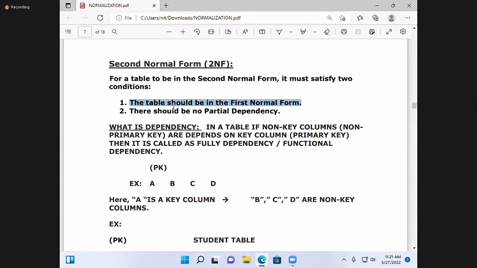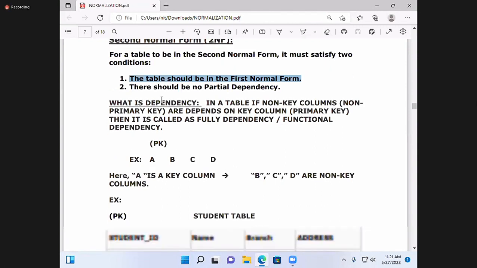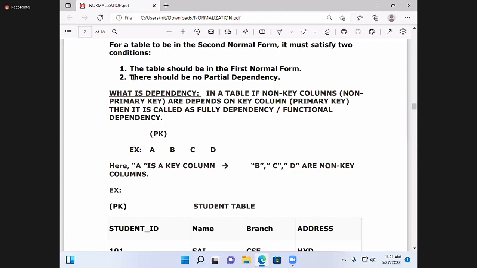That should be satisfied, and along with those four conditions, the next thing we need to satisfy is that there should be no partial dependency. It means that when you design your table and table columns, you need to check whether each and every column is a fully dependent column or a partially dependent column.